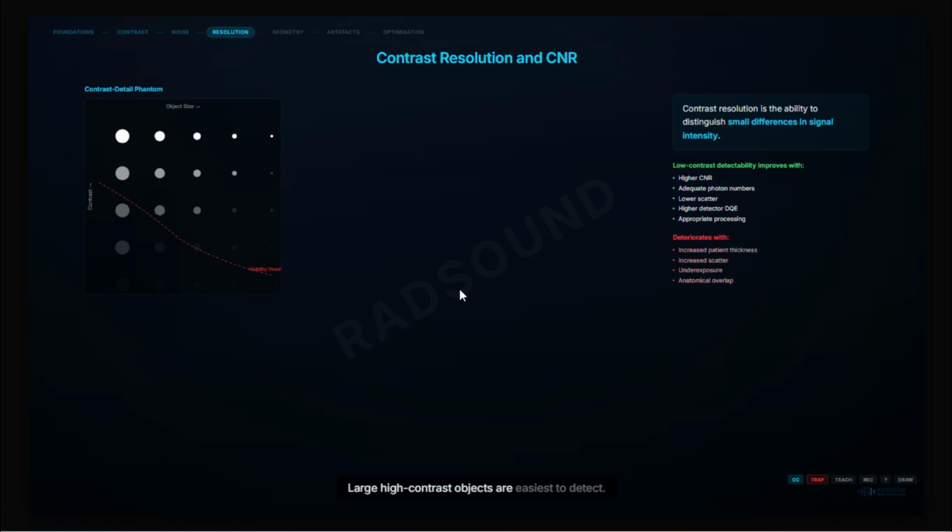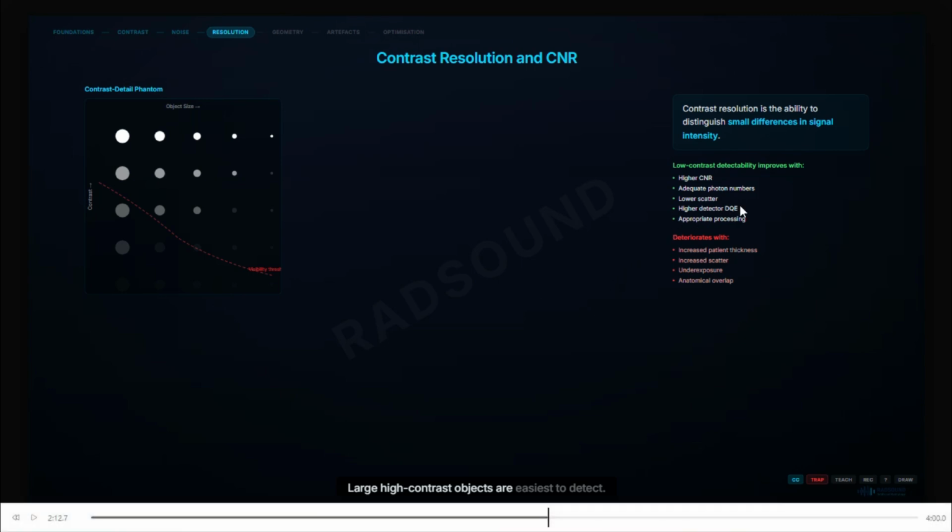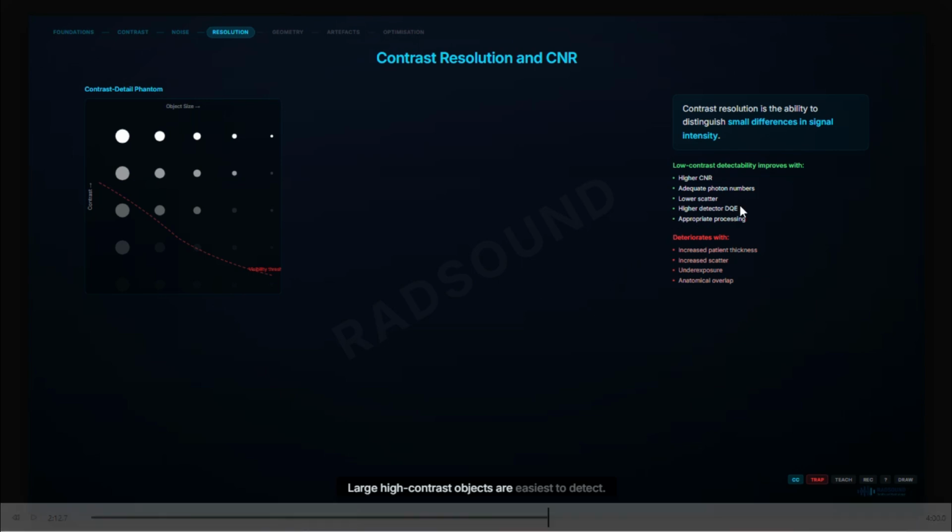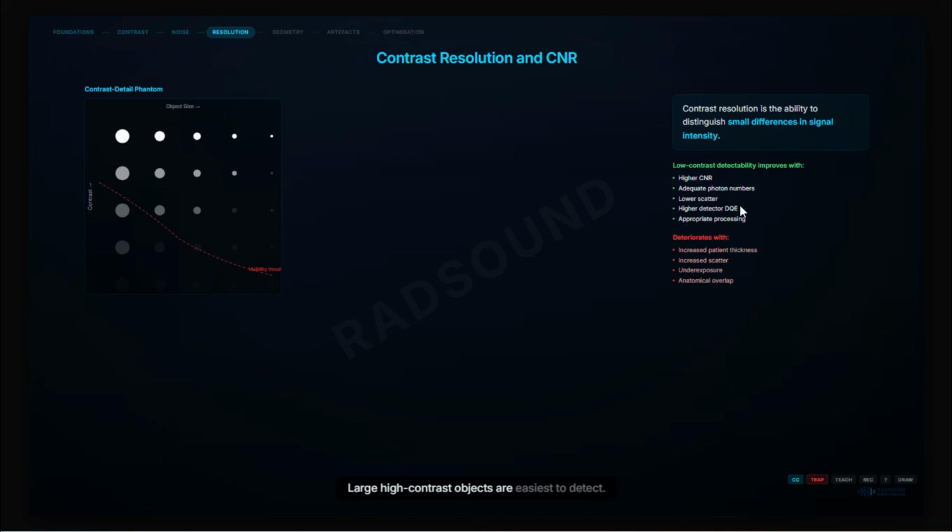So what are the factors mostly affecting contrast resolution? As we mentioned, a high contrast to noise ratio from the start. Adequate photon number, because if you have more photons, there will be less noise, since signal to noise ratio is proportional to the root of the number of photons. So with more photons there will be less noise and better contrast.